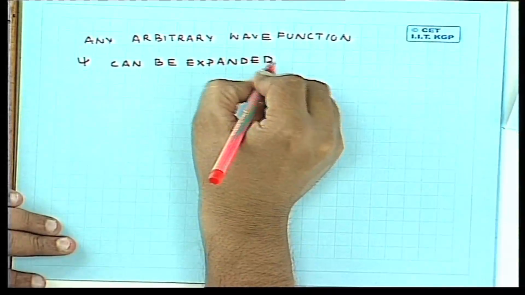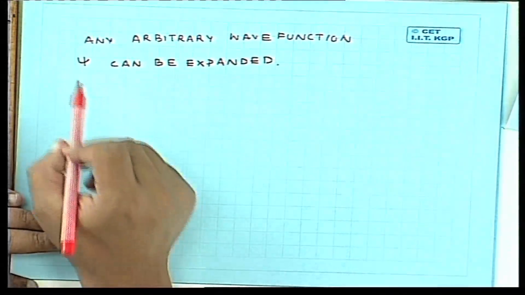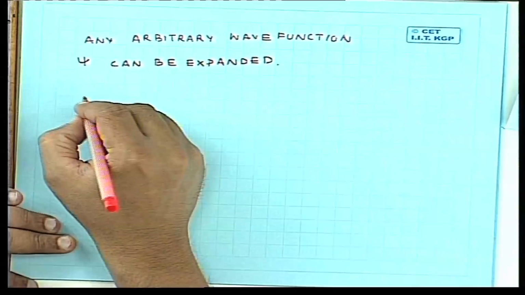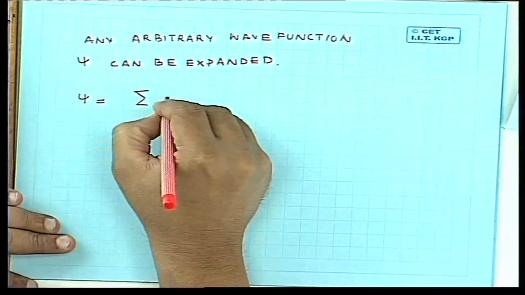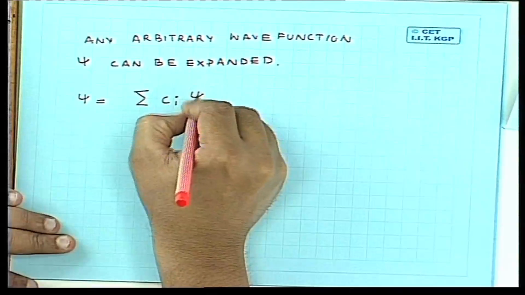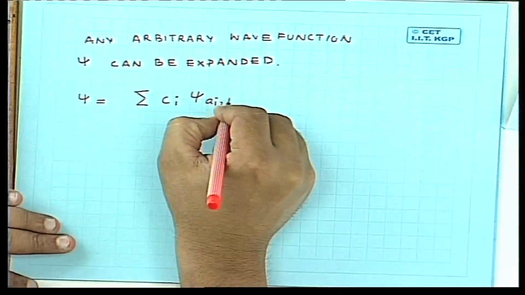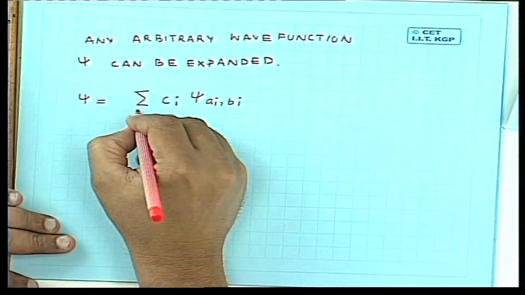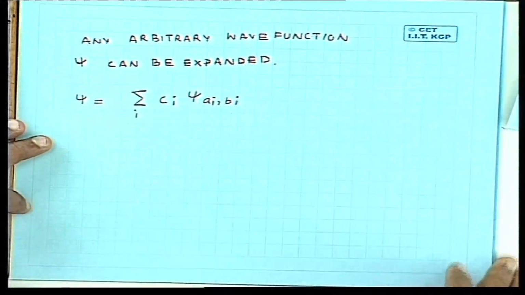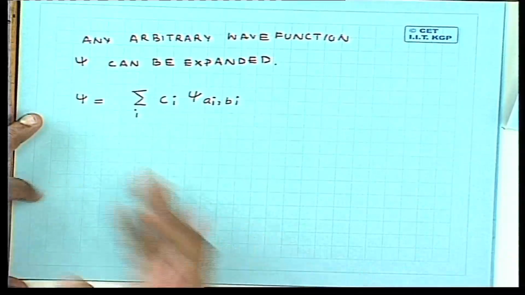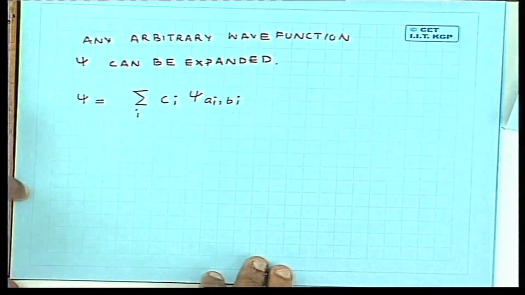If such a complete set exists, then any arbitrary wave function can be expanded in terms of this. So we can expand any arbitrary wave function as the sum of Ci psi ai comma bi. This just follows from the fact that if such a basis exists, a complete set of such wave functions, then you should be able to expand by the definition of completeness.